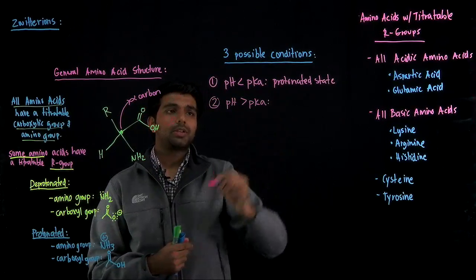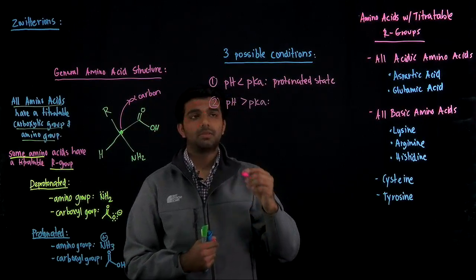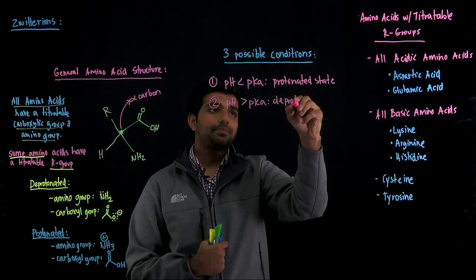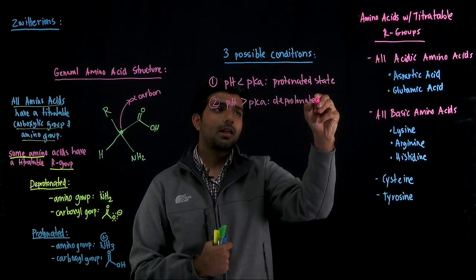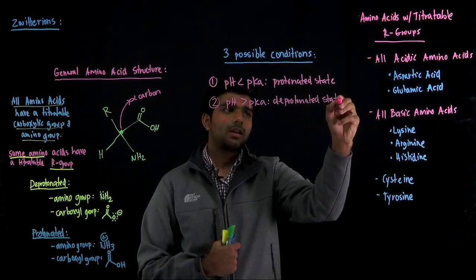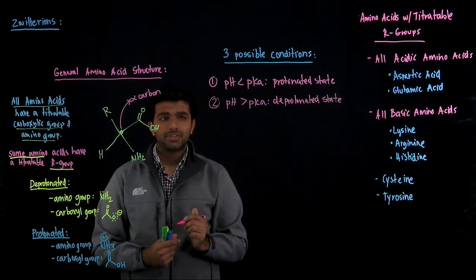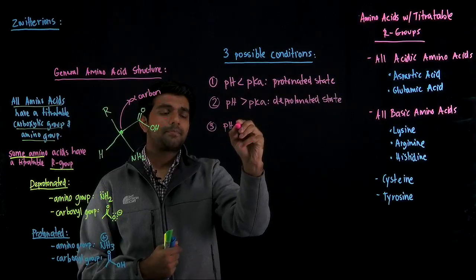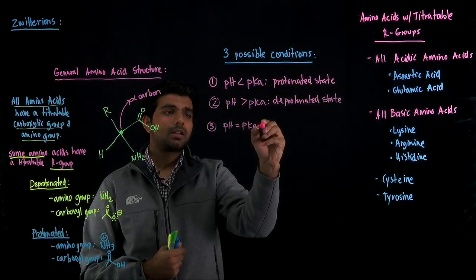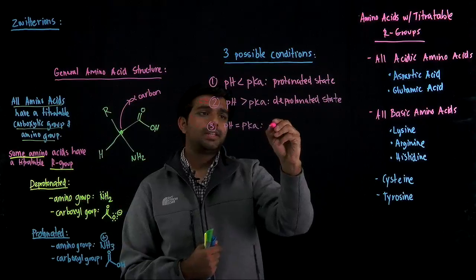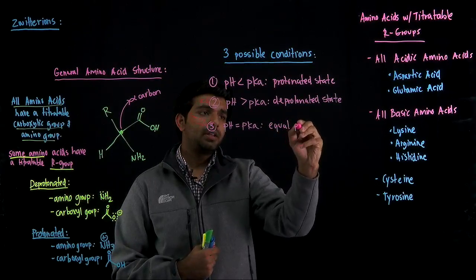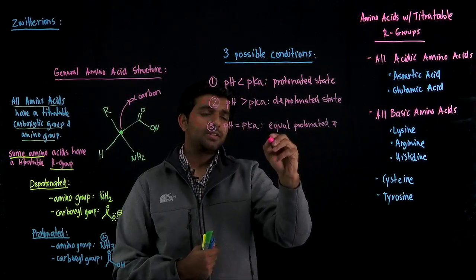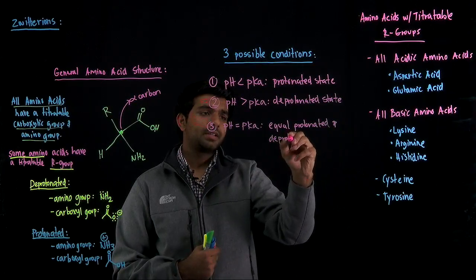Now the molecule is in a more basic environment relative to the pKa for that titratable group, and we're going to be in a deprotonated state. And the last situation is where the pH is equal to the pKa, and that's going to result in equal protonated and deprotonated states.